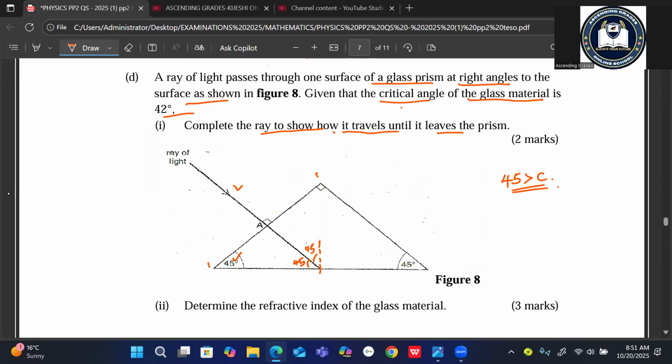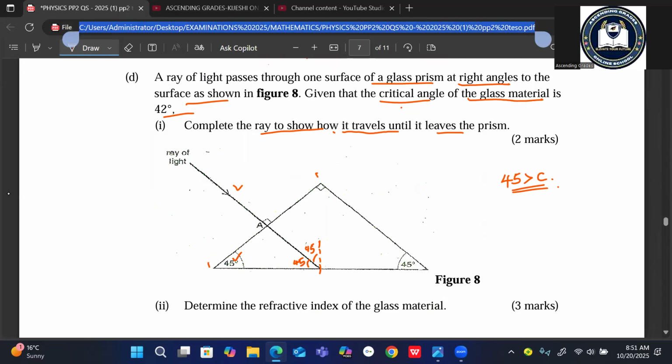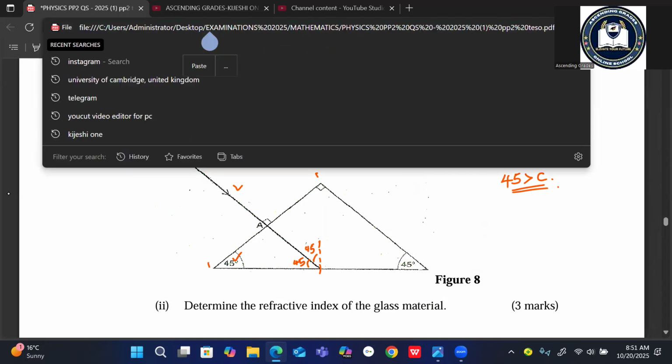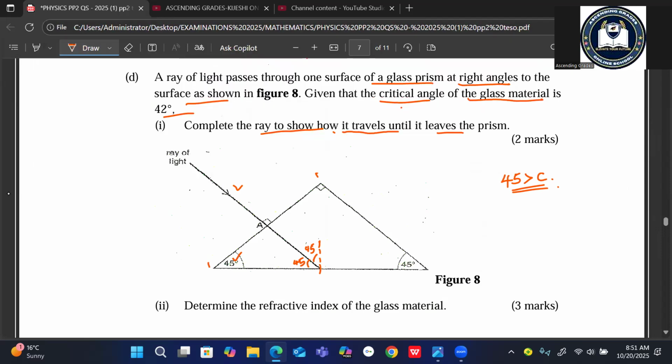So this one will be reflected out like this.